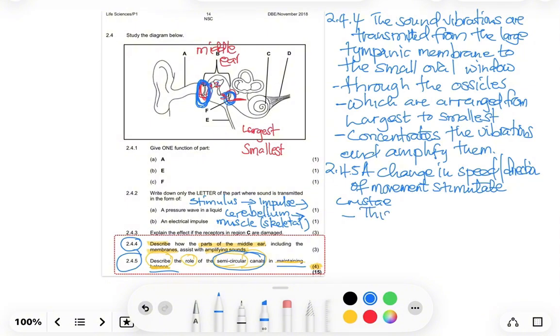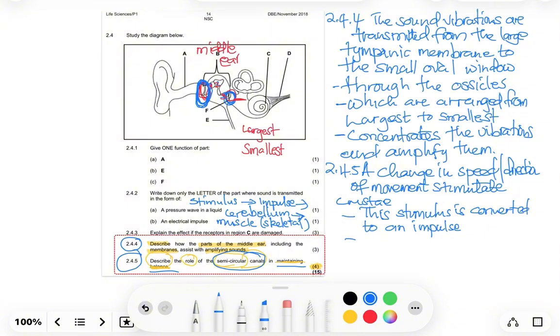So this stimulus is converted to a nerve impulse, or to an impulse, by the cristae. It is actually the cristae that convert the stimulus into an impulse.